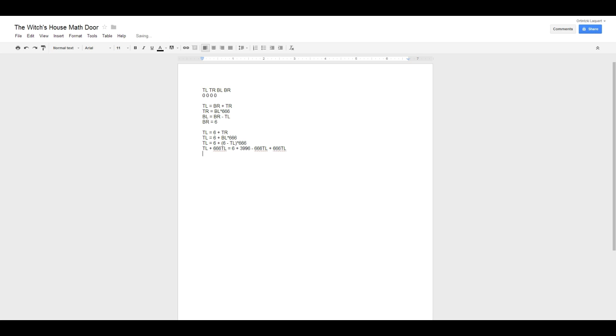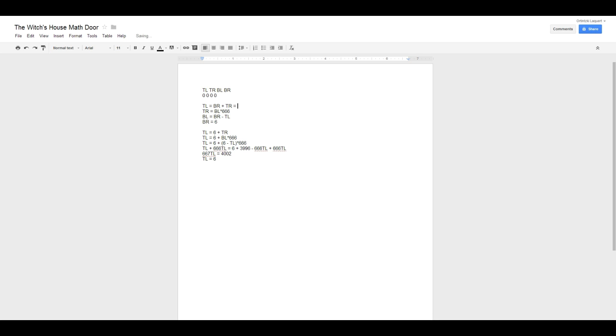And the left side is equal to 667 times the top left number. Which means that this is equal to 3,996 plus 6, which is equal to 4002. And then we divide both sides by 667 so that we have TL all by itself, which means that TL is equal to 4002 divided by 667, the answer of which is 6.